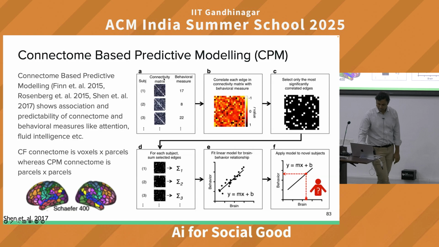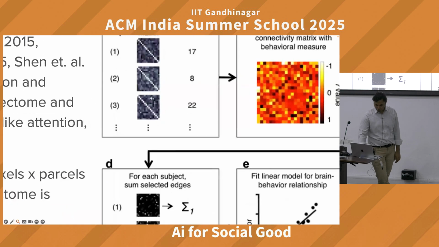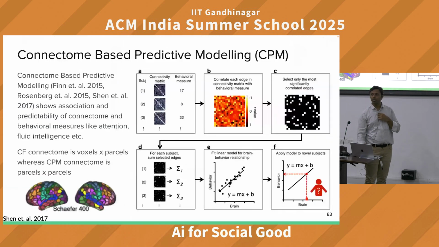So we have the connectivity matrix. We have the measure here, which is in our case tau or amyloid. We correlate each of this measure with each edge. Each edge क्या, एक सेल हो गया इस कनेक्टिविटी मैट्रिक्स में, सेल से हम correlate करते हैं.